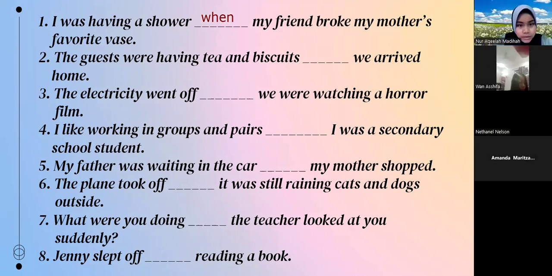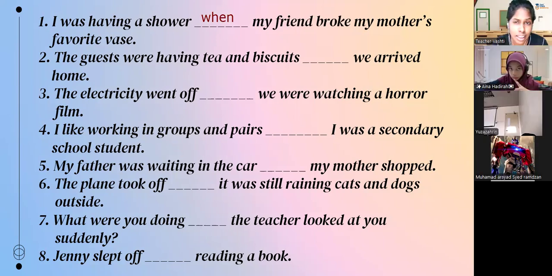PC. What is it? PC? Past continuous. Okay, past continuous. When, past tense. So was having is the past continuous. You have to use the word when and then only it will become past tense.